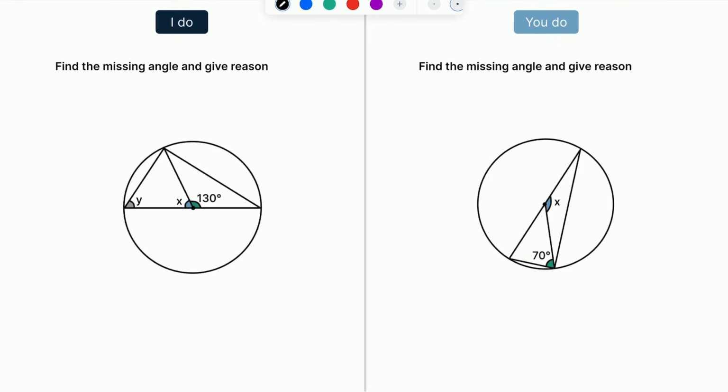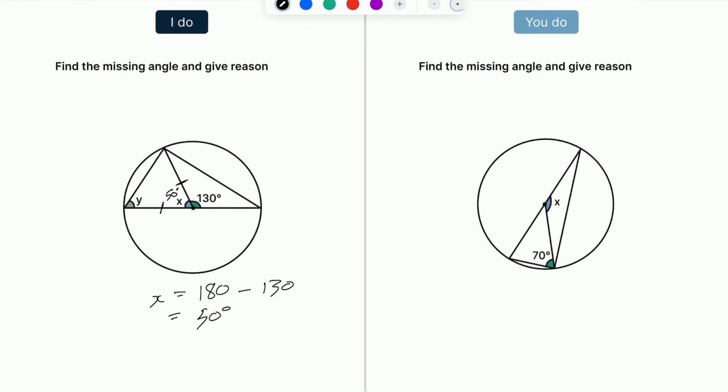Moving on and looking at this one. Here for x, angles on a straight line add up to 180. Now that you have x, how do you find out y? Again, any line drawn from the center to the circumference is the radius. These two are the same. If these two are the same, effectively that's 50.